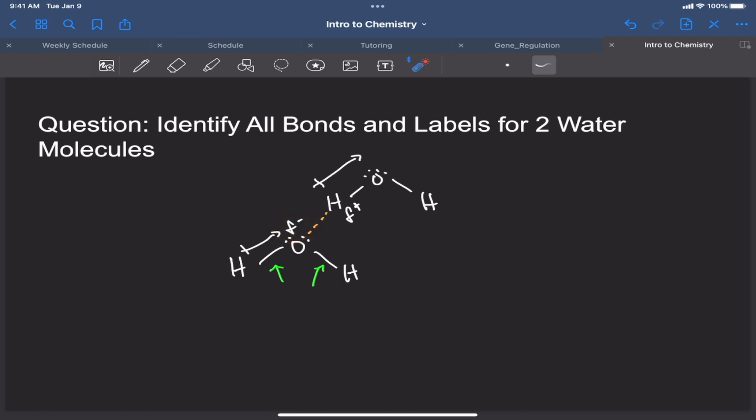So this delta negative and this delta positive will be attracted to one another, making use of this hydrogen to form this bond here, which we call a hydrogen bond. Hydrogen bonding is very important in biology. You'll see it appear over lots of things, including in proteins and amino acids.